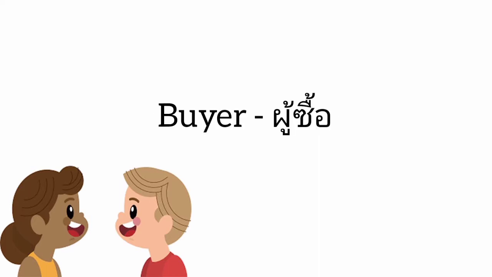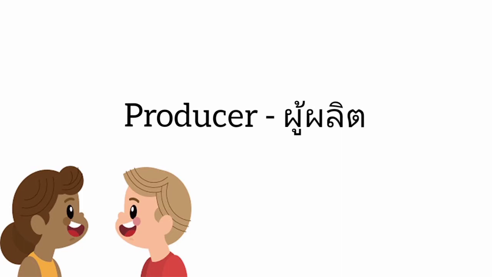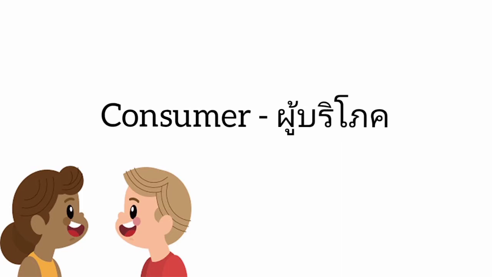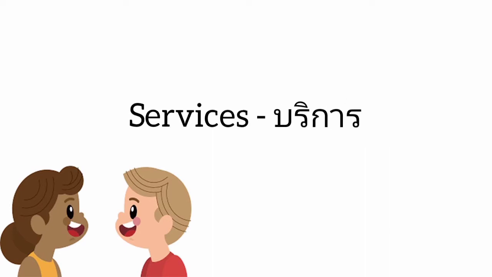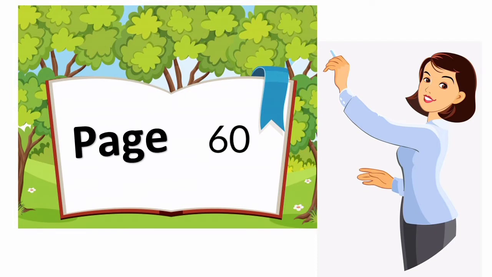Buyer. Goods. Producer. Consumer. Services. Please get your student book and open on page 60 and listen to the next video.